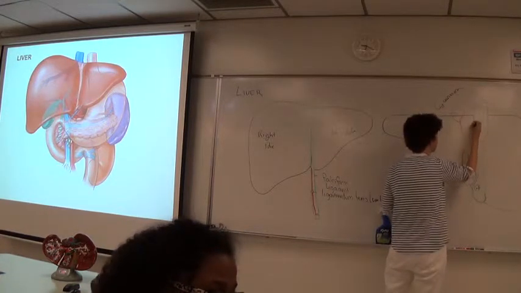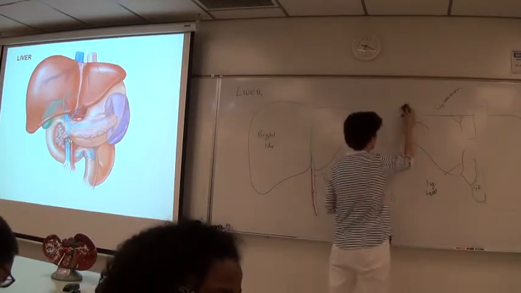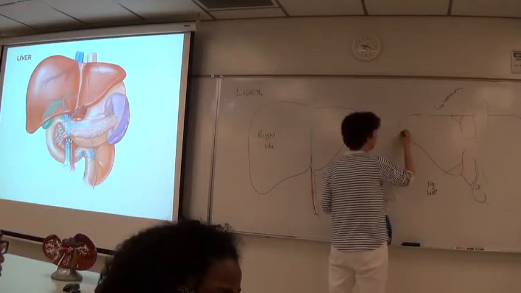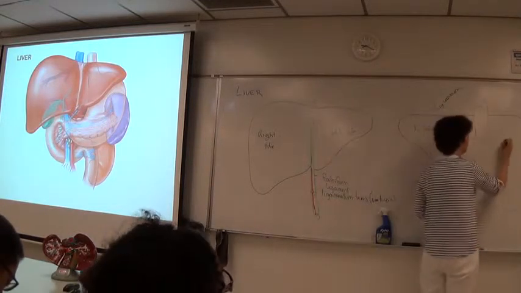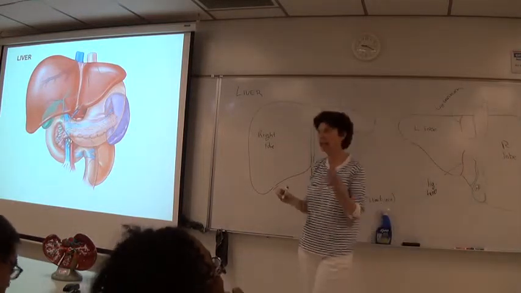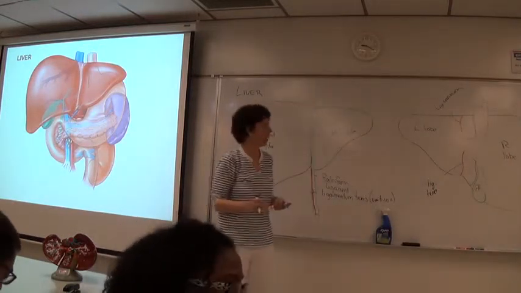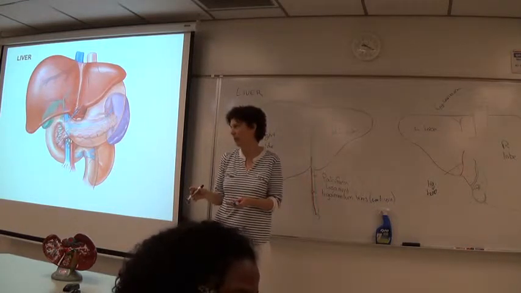So we have these two smaller lobes that we see on the posterior surface of the liver. This one's going down here a little bit long. So this would be our left lobe again, the smaller left lobe, the larger right lobe. And then we have caudate and quadrate lobes. They both have 4 sides, so that could be a little confusing.